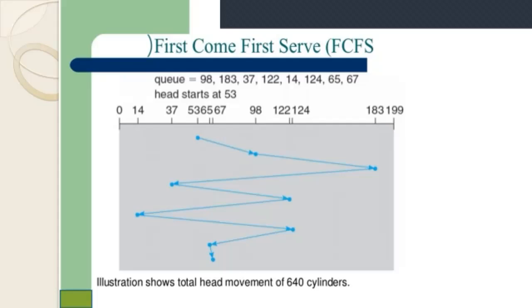Only one student said no, the rest are not saying anything. Anyway, it is simple. Just look at the diagram and you will understand that it is just moving from one place to another, just like traversal. The addresses are given and it is just moving from one place to another.